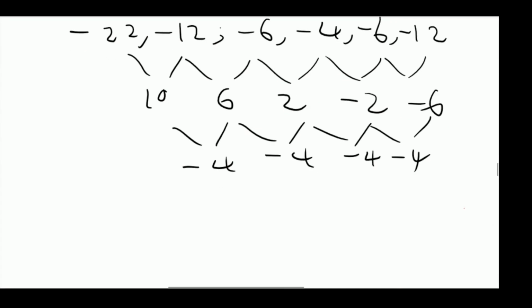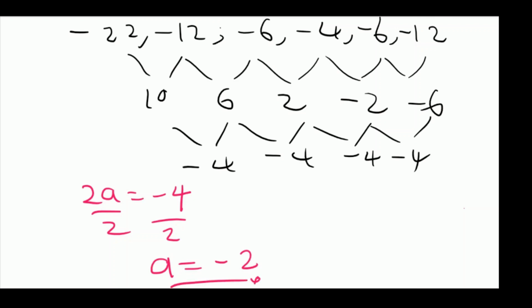So to find the nth term, we're going to say 2a is equal to the second difference, which is minus 4, divided by 2 both sides, and then a is equal to minus 2. Then 3a plus b is equal to the first term of the first difference, which is this 10 here.